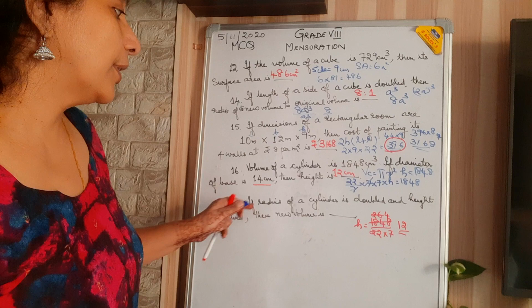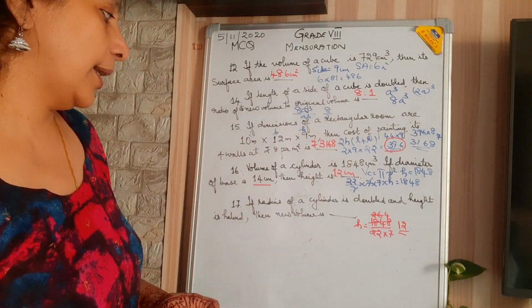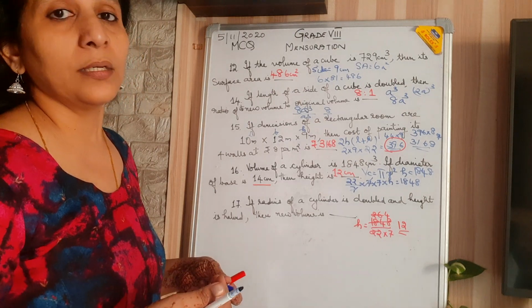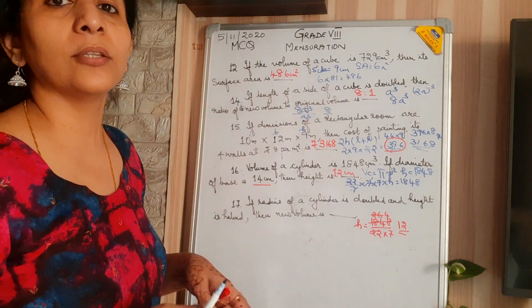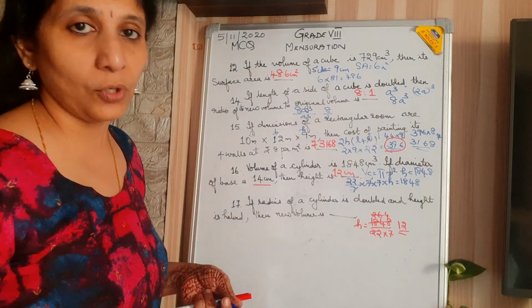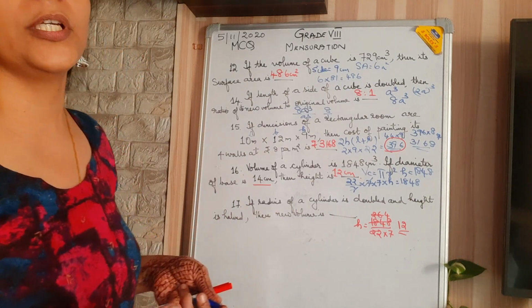Now, if the radius of the cylinder is doubled and height is halved, such kind of questions are very, very important, because earlier also you got the length of the cube doubled, then what is its surface area or what is its volume or the ratio of new volume to this one.